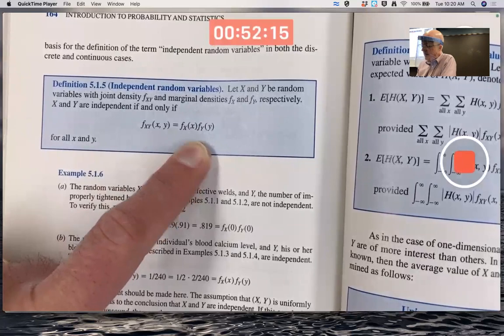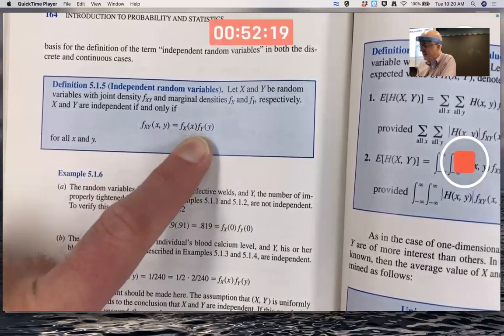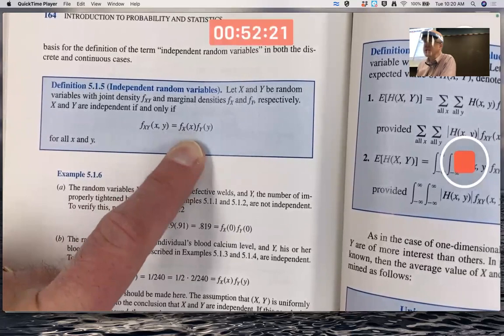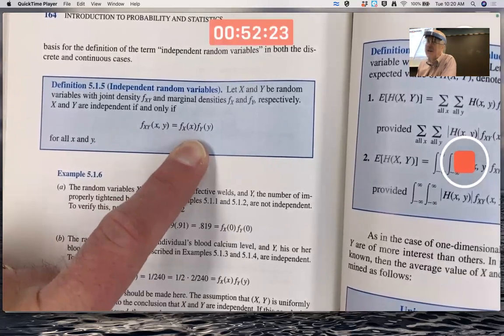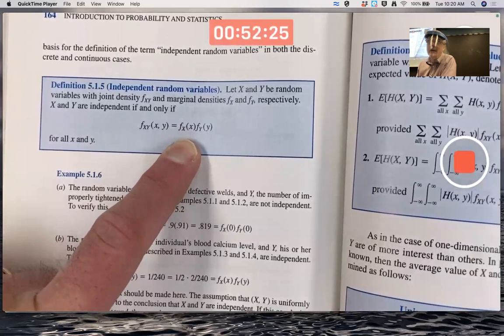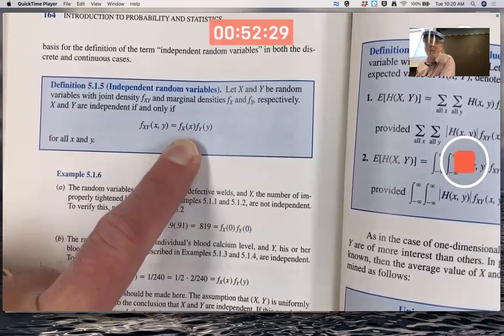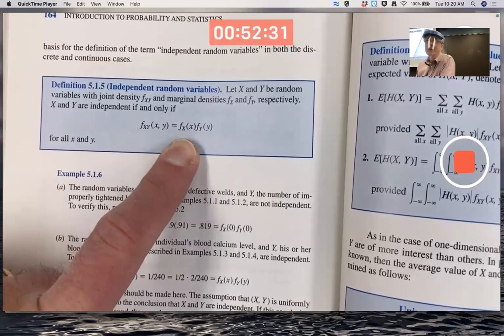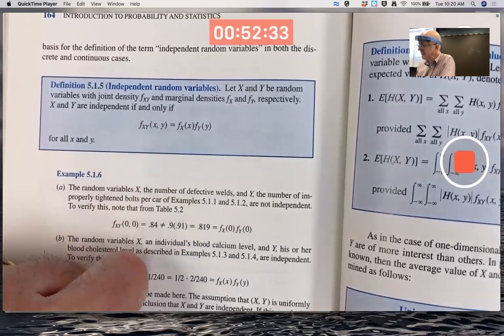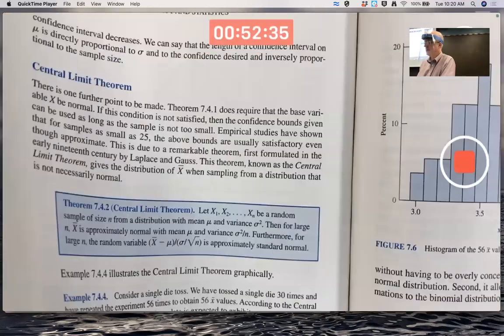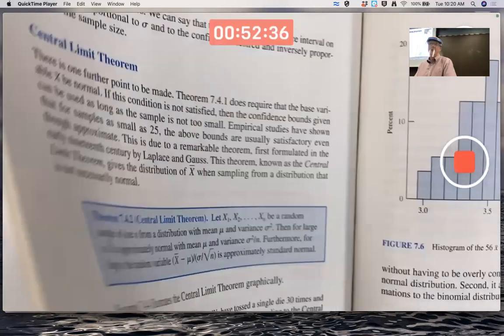And again, if x and y are from a random sample, they would have the same distribution. In fact, the product of these two functions would be the product of a function with itself, except one variable would be called x and the other variable would be called y. But it would be the same formula being multiplied. So I could see that coming up maybe on a true-false question.